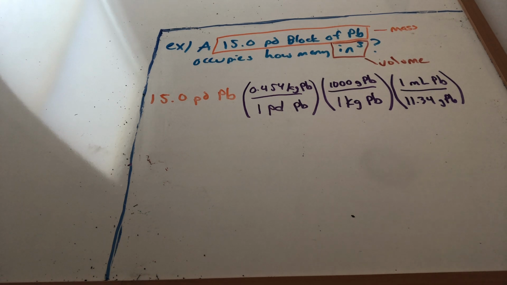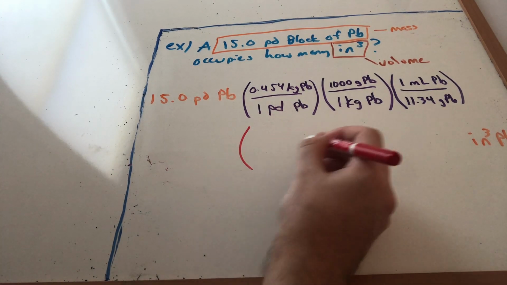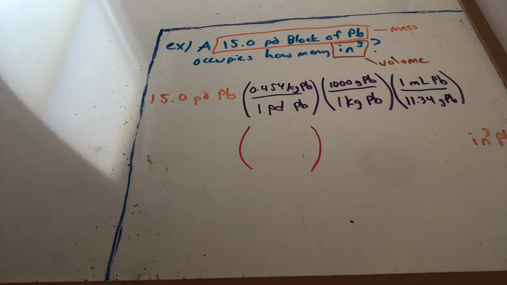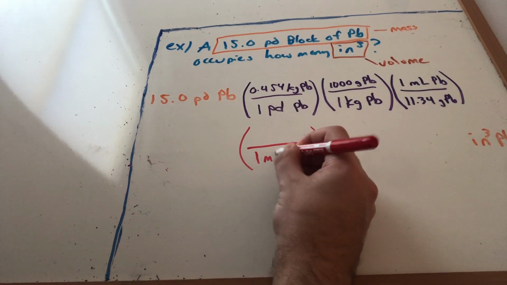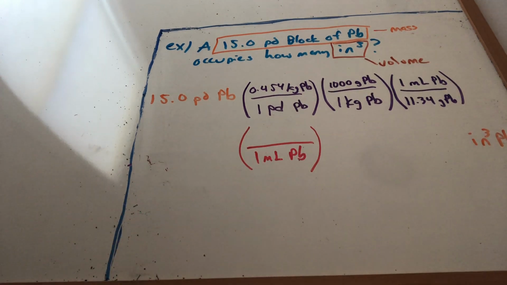The goal is inches cubed of lead. So a milliliter, inches cubed. Oh, so now I have to remember some things that I asked you to memorize, okay? And one was on the last little thing that we did in this video, another conversion factor that we talked about, all right? 1 milliliter of lead, and remember, this would be written here.